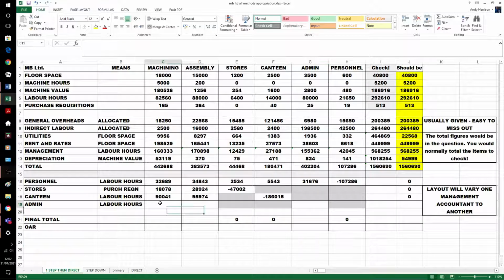Admin, our last bit then, our labour hours, so it's 400 and something thousand, so quite a big bill. So it's on labour hours again. The original bit, G14. There we go. And then one last bit almost. Getting there.